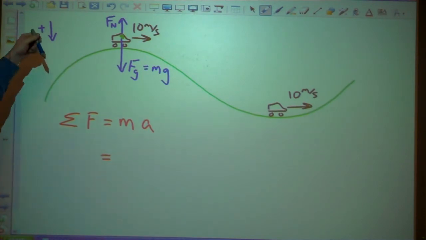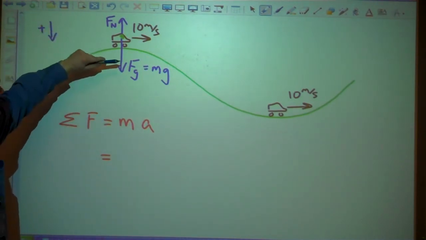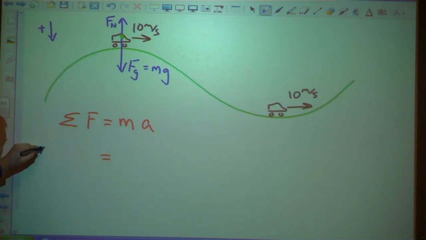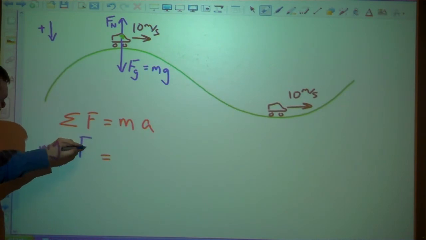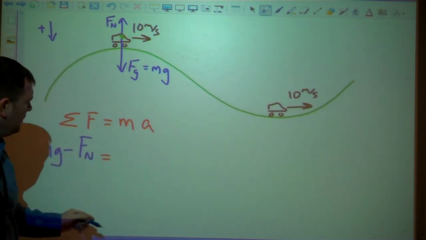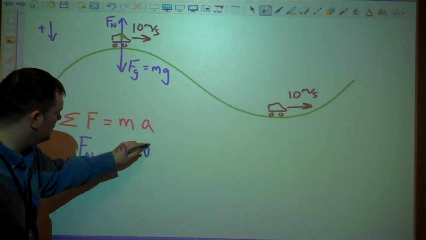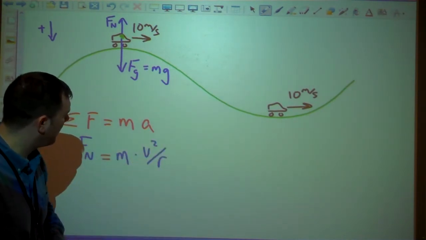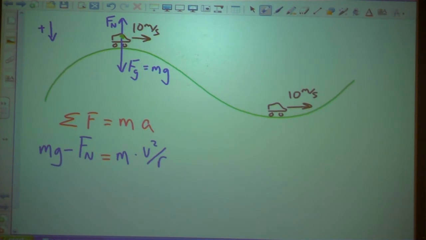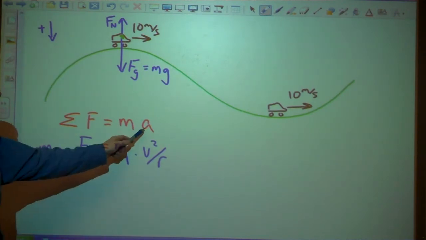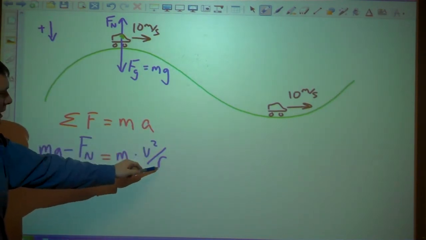So I'm going to make down my positive direction, so the net force is this one minus this one. So the net force is the weight of the person minus the normal force on the person is equal to the mass of the person times the acceleration of the person. And since we're not changing speed, just changing direction, that's how we know that the acceleration is speed squared divided by radius.